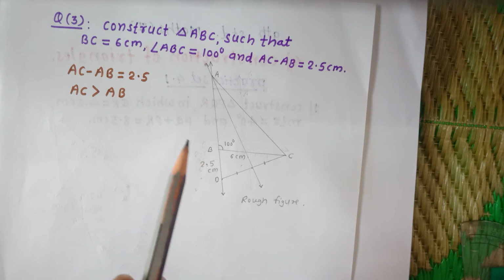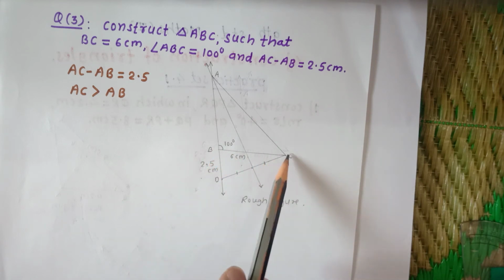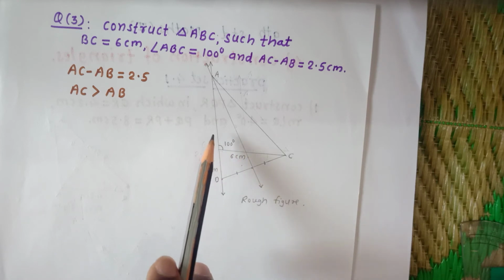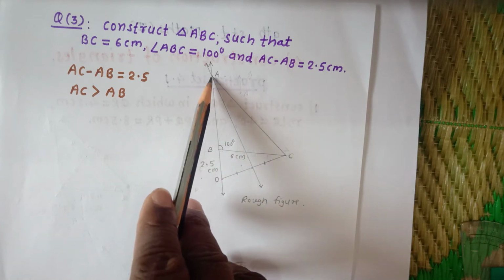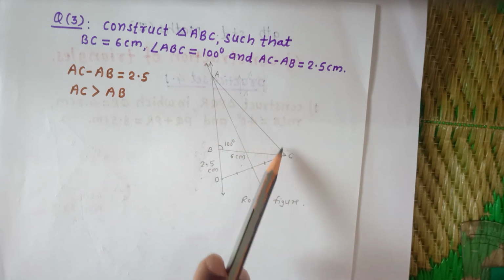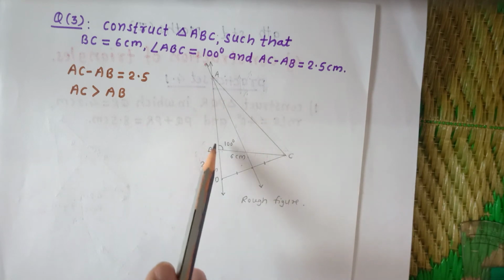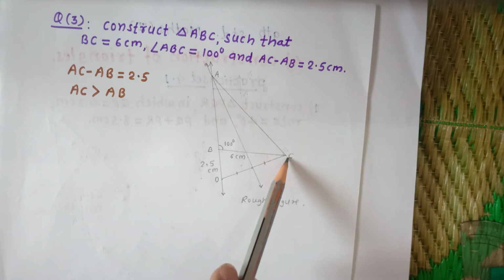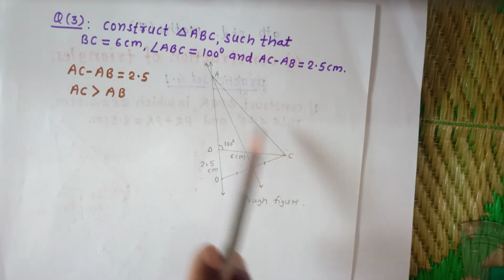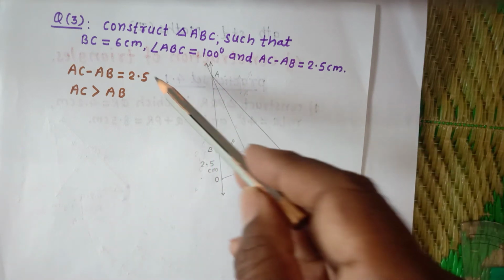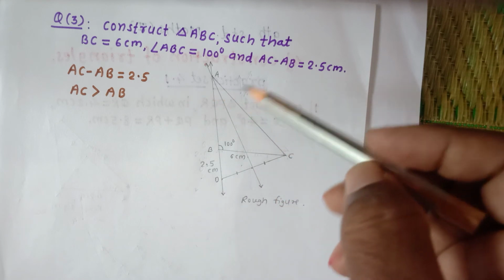Now here let's see, BC is the base and its adjacent angle of 100 degrees is given, but here the difference we have been given is AC minus AB, instead of AB minus AC. Their difference is 2.5 centimeter.